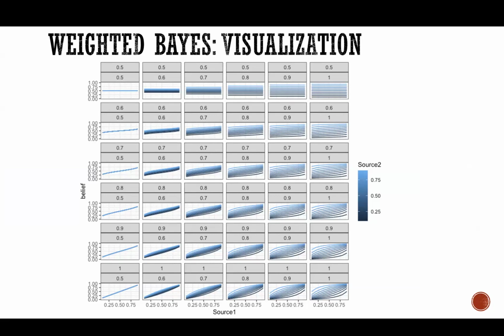Here, where we take the two sources at face value, we get exactly the picture as before. In between, what we see is that, for instance, here, I think this is weight 2, we don't take it into any consideration. So there is no variation in how source 1 affects us, depending on what source 2 does, because source 2 is ignored. And all the intermediate stuff.